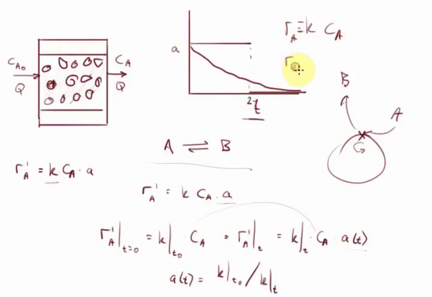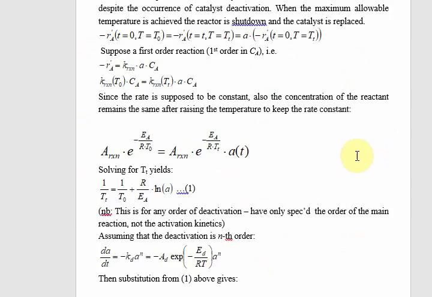So we can say r_A is equal to some deactivation rate constant multiplied by, and instead of a concentration, we'll use a as our kind of surface concentration of sites or something like that. So we said that a is some fraction that tells us the amount of sites that are available. So here it's a kind of concentration. So we can treat the activity loss also using a reaction rate expression. And so that's what we are doing here.